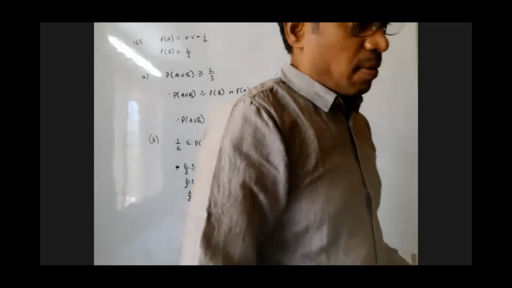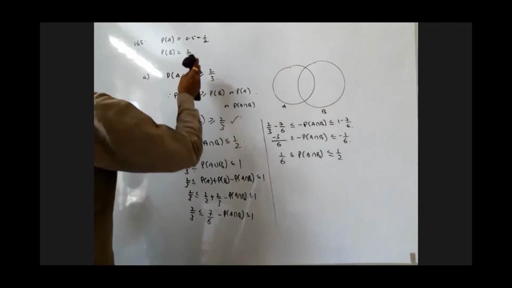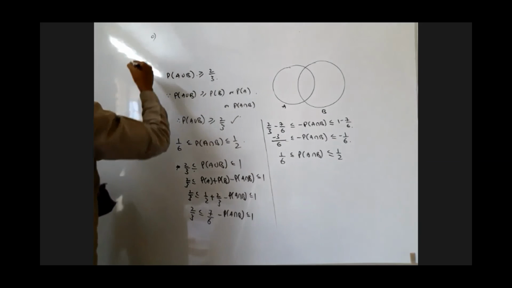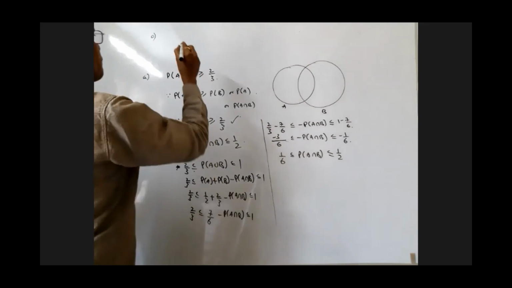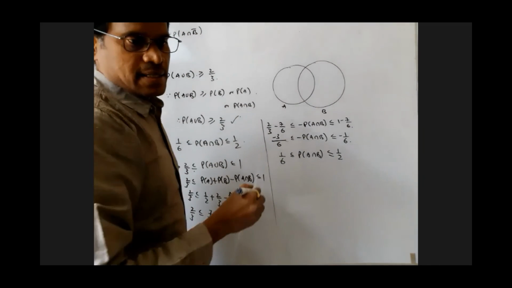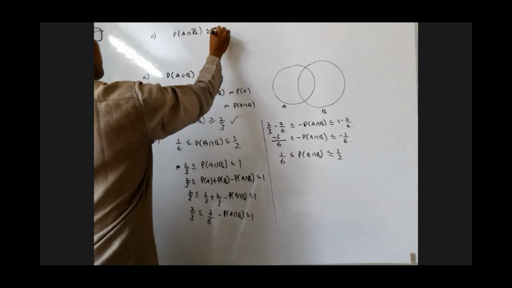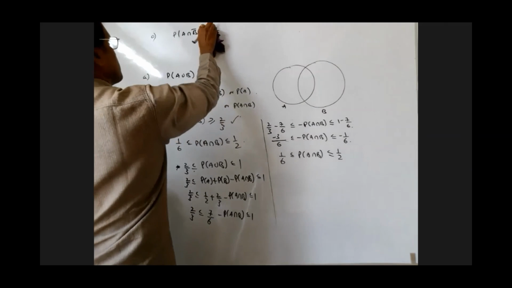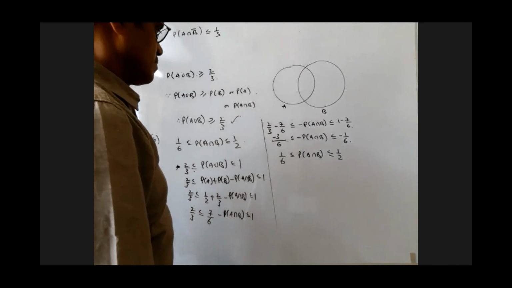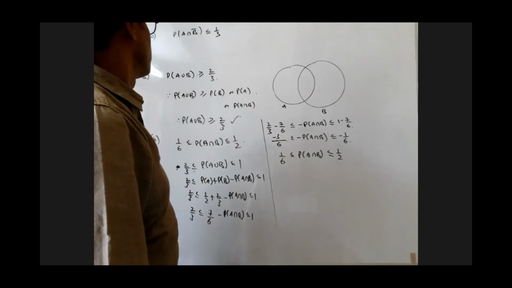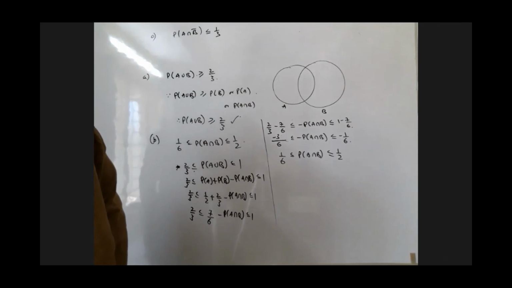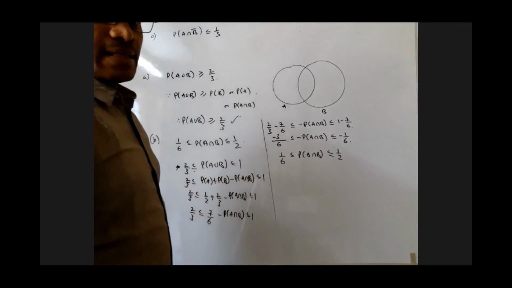Option C, my dear, is probability of A intersection B complement is less than or equal to 1 by 3. See that option, my dears.